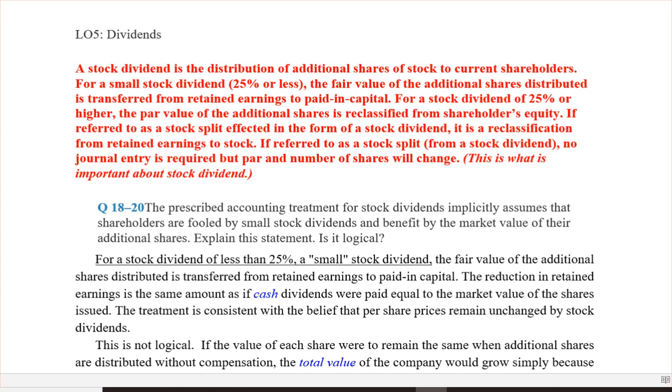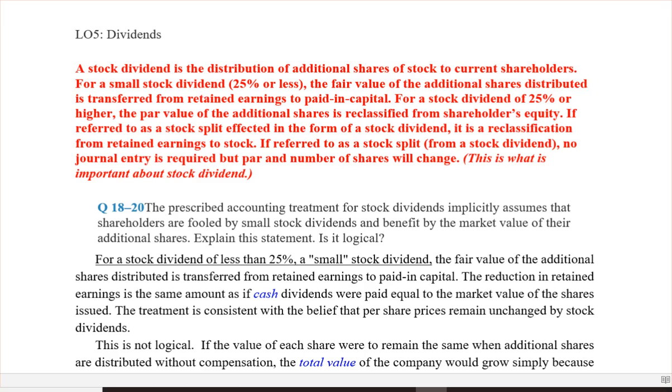So it's referred to as a stock split, and effectively you won't do a journal entry. However, if you want to do a stock dividend and you want it to show up as a dividend, and you say effective as a stock dividend, that's what we're talking about here. So we'll be talking about stock splits and stock dividends. This particular bit is going to be on dividends.